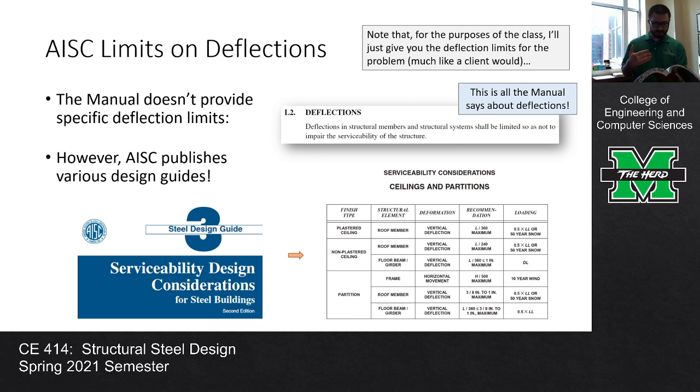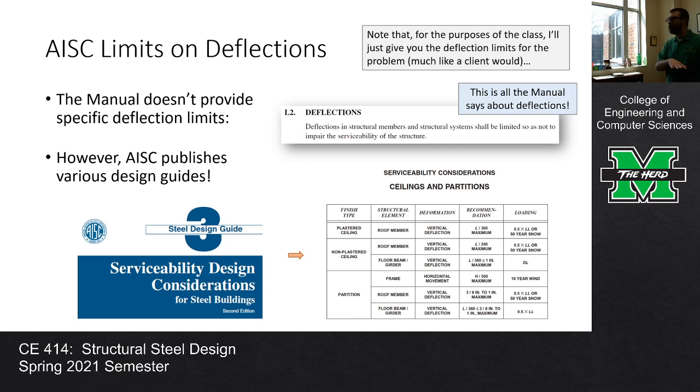It says flat roofs, supporting elements attached to non-structural elements likely to be damaged by large deflections or not likely to be damaged. Here's the deflection. Here's the limit. It's right there. If you had me for reinforced concrete design, we used these limits pretty religiously because that's what the spec tells you to do.